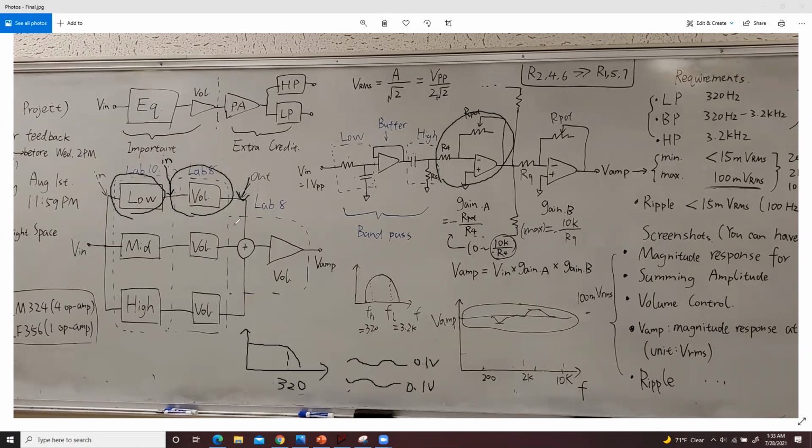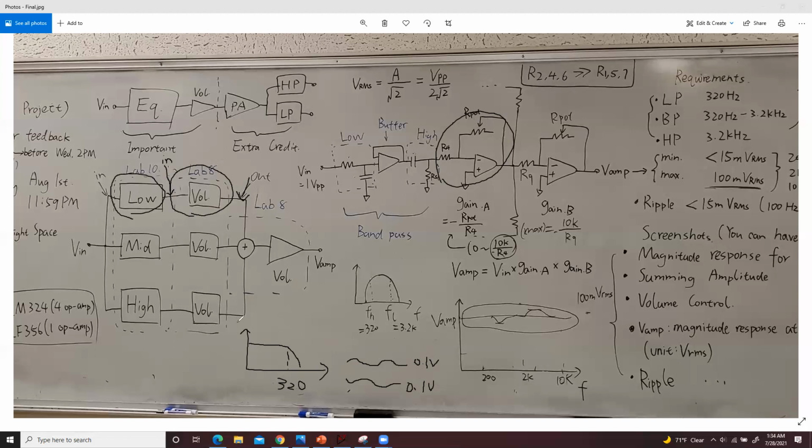Then you can try to tune this potentiometer. What you will see is the amplitude of the output will change when you tune the potentiometer. It will be at maximum when you tune the potentiometer to maximum, and it will be like a straight line when the potentiometer is at minimum. After you verify that, and remember, when you make sure each individual circuit works, you take a screenshot.